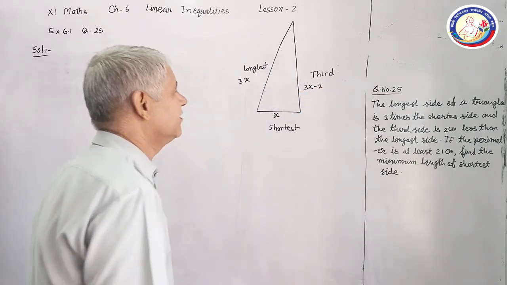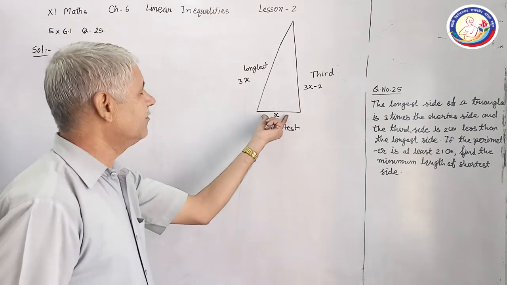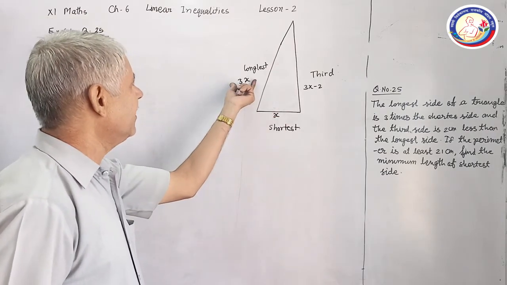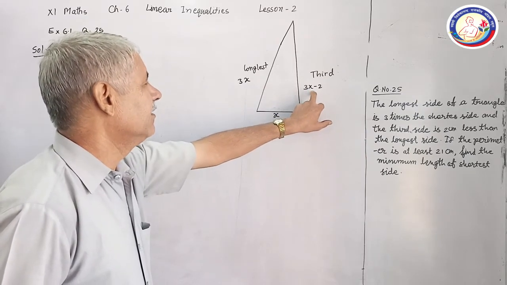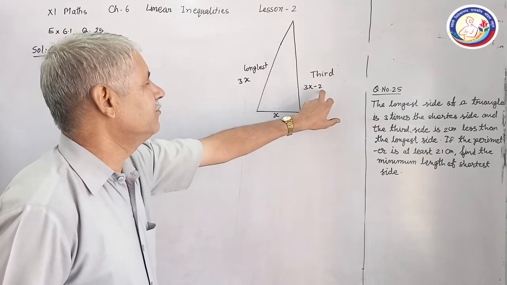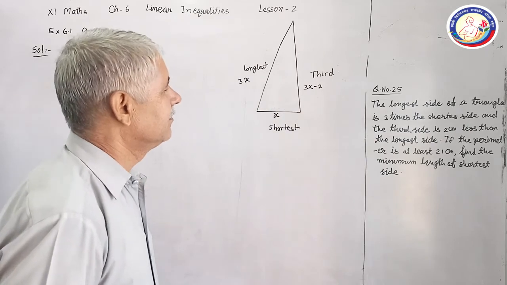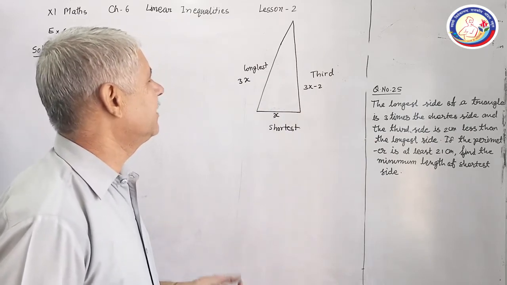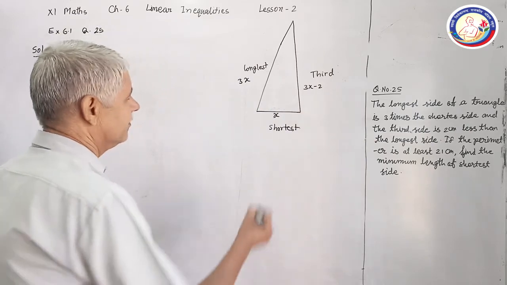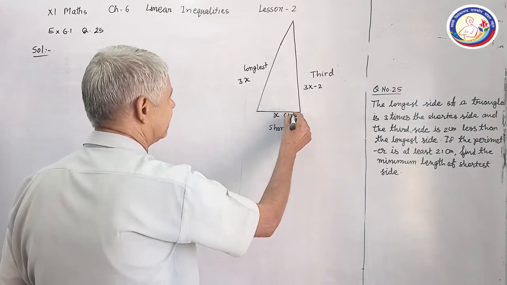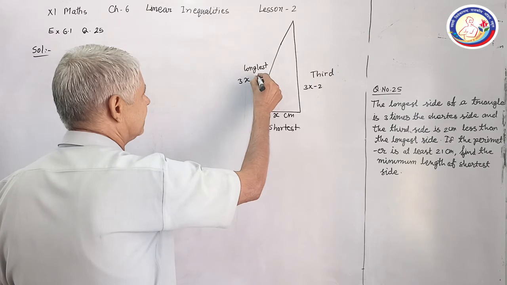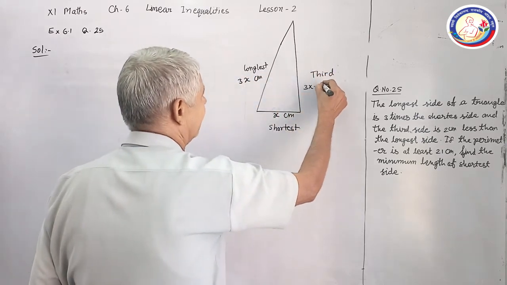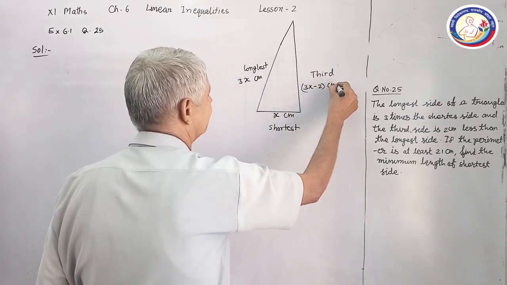So these are the three sides: shortest equal to x unit, longest 3x unit, and the remaining side is 3x minus 2 units. And here the unit is centimeters.